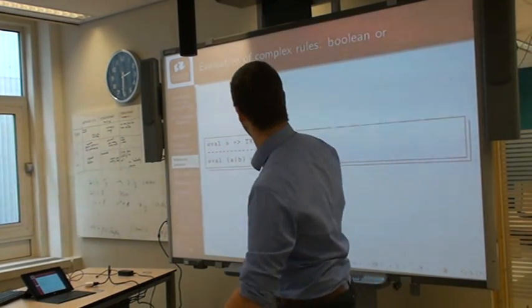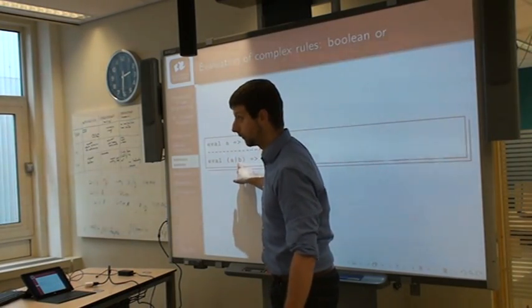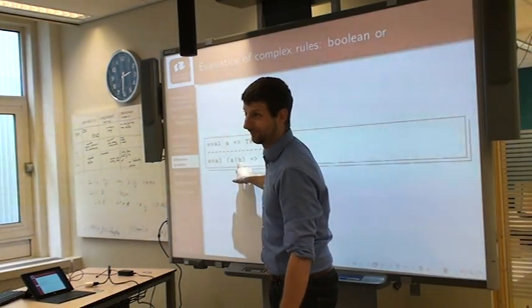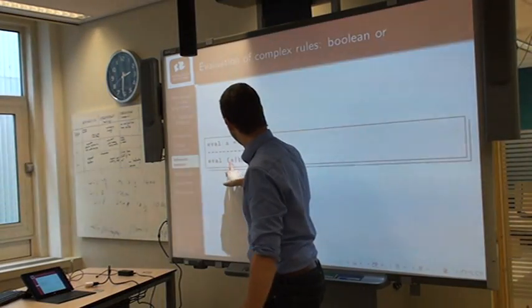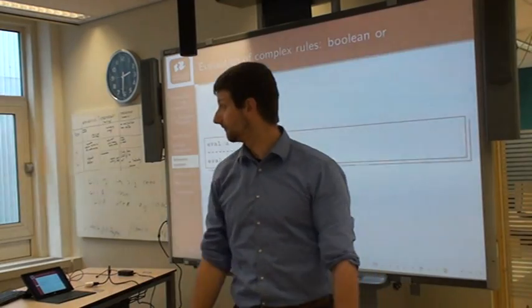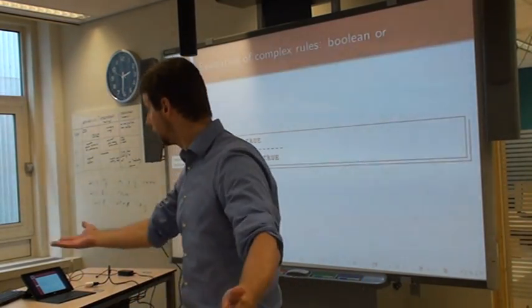We cannot possibly specify all possible A's and all possible B's, or can we? We can. How many are there? Four. Four. How many possible things can we have left and right of an OR operator? Sorry? Infinite.